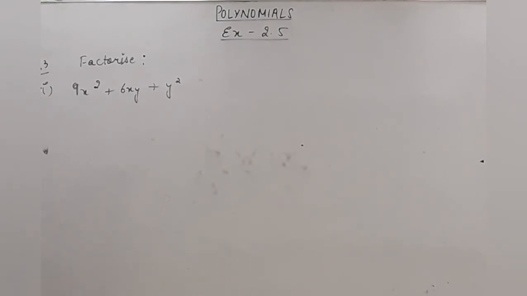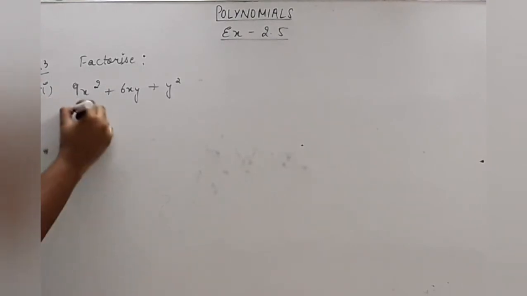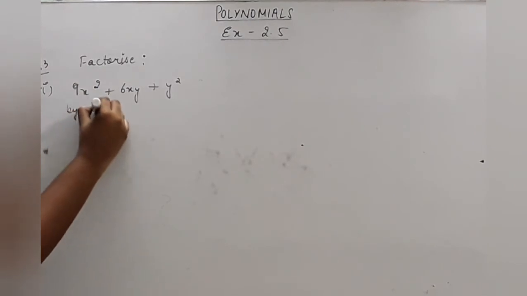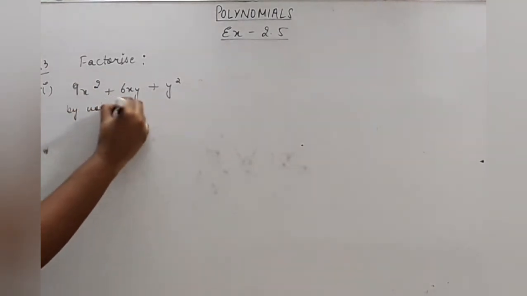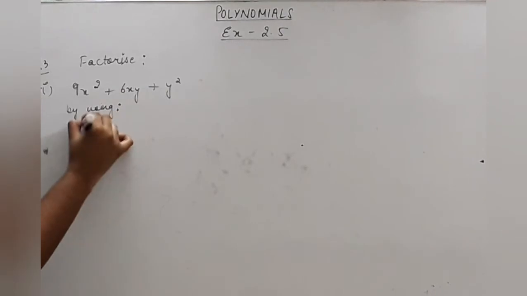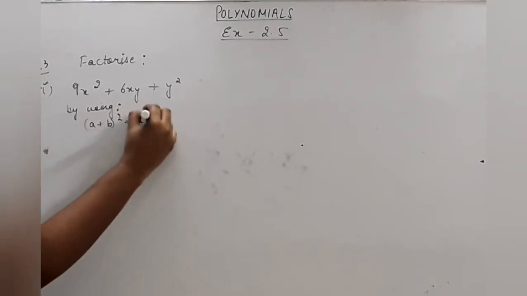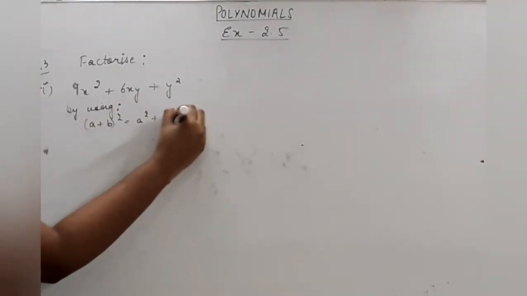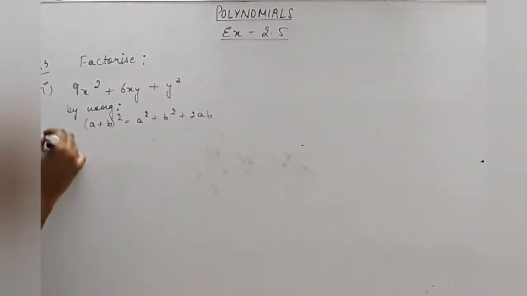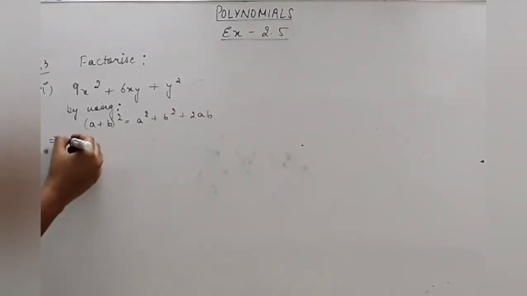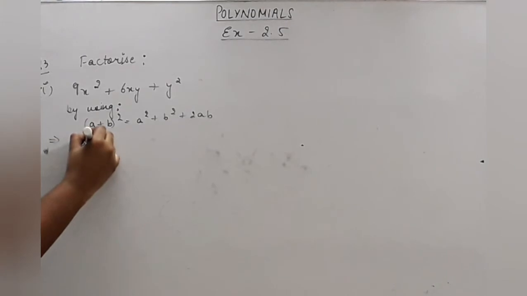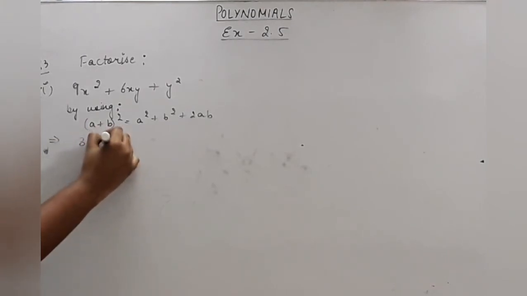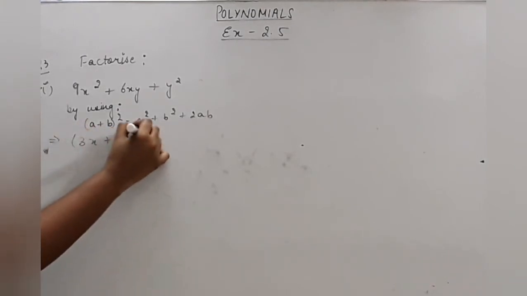You just have to use that identity in this part. By using the identity (a + b) whole square is equal to a square plus b square plus 2ab, now solve it. You can write it like this: (3x + y) whole square.